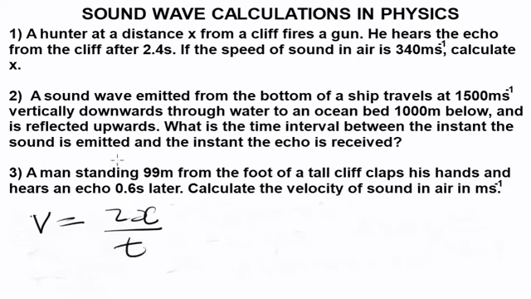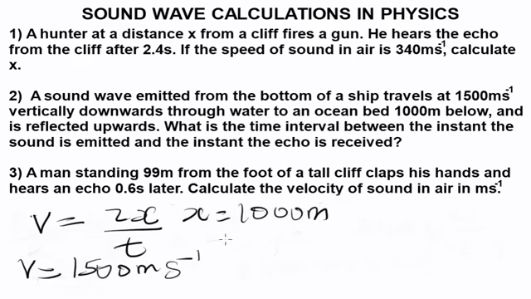In this question, let's bring out the parameters. We have v to be 1,500 meters per second, and the distance x to be 1,000 meters. The time is unknown. So let's input these parameters in this formula.